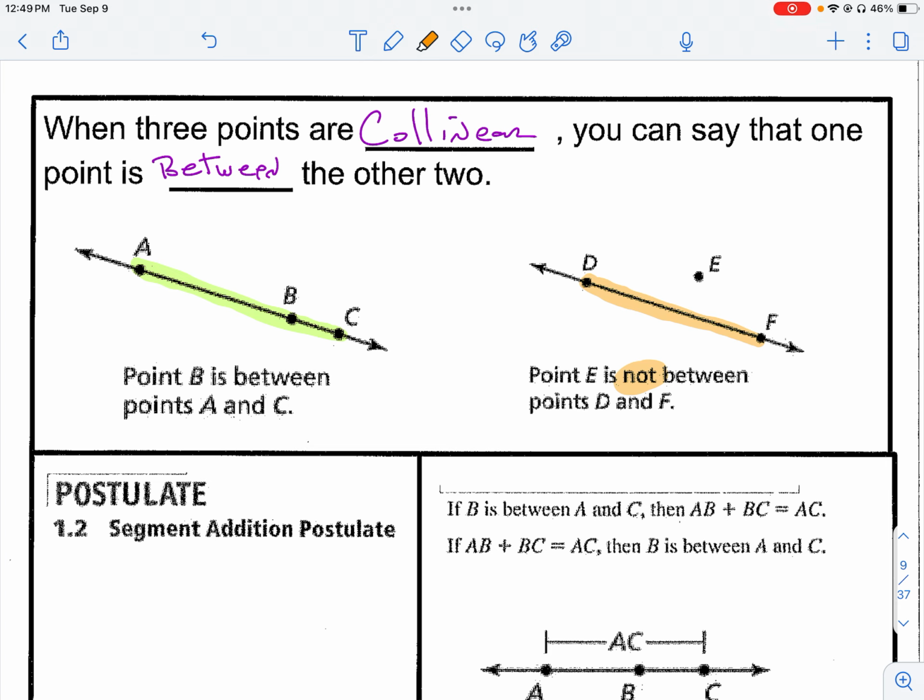They have to be on the same line to be considered between each other.